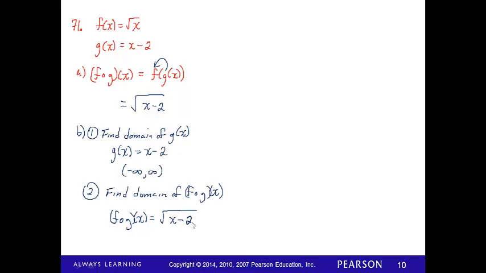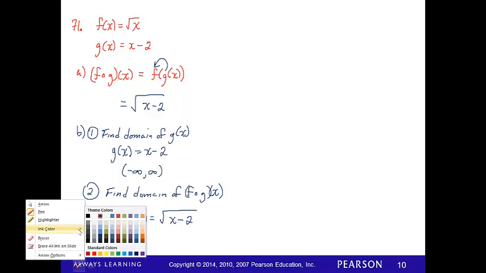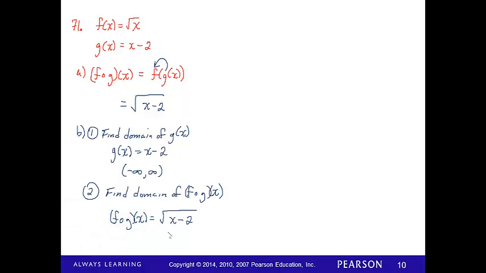And since I have a square root, and we do not like taking square roots of negative numbers, we're going to set x minus 2 greater than or equal to 0 and solve for x. So we have x is greater than or equal to 2. So then its domain would be from 2 to infinity. So the domain of f∘g is just 2 to infinity.